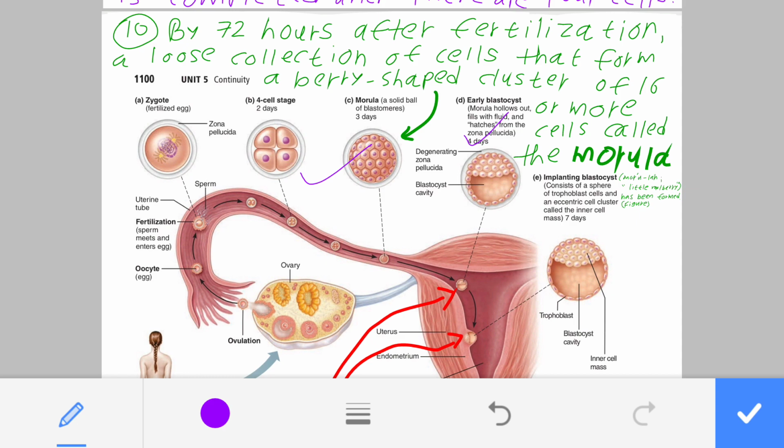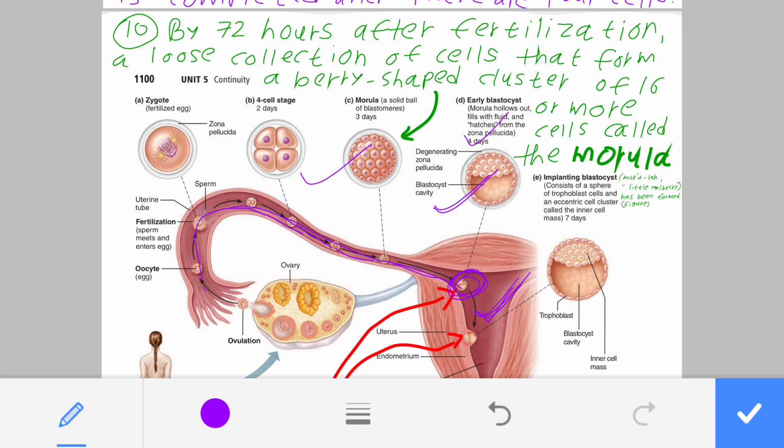During this first phase of development, as you can see, all these new cells are transported towards the uterine cavity, and this one is the early embryo stage, known as blastocyst, and this blastocyst is entering the uterine cavity and is going to implant on the endometrium.